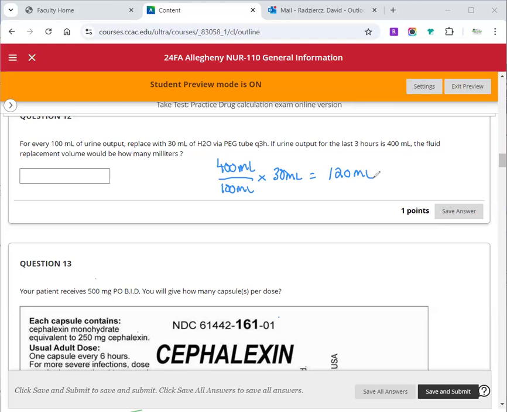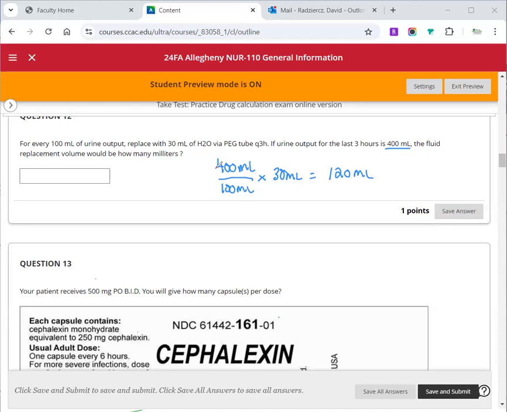Now, one thing, and I don't think you'll see this, but they could try and quote unquote trick you by telling you, let's say the patient's actual output was like 50 milliliters. You could still give them replacement volume, but it's less than 100. So the top number is not always the big number. The top number is just whatever the patient actually voided.